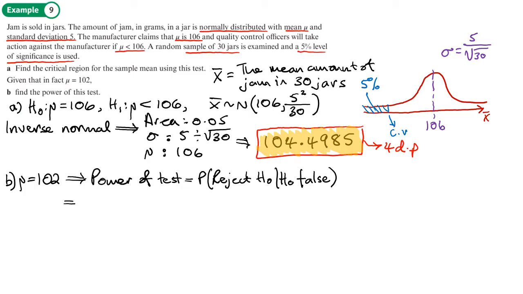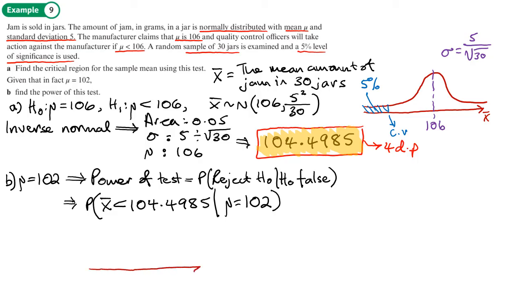Now I would reject H0 when my sample mean drops below 104.9854, given that H0 is false, which means actually the mean is 102. So I'm going to draw a little diagram for this one so we can see what's going on. Now this time the mean is 102.